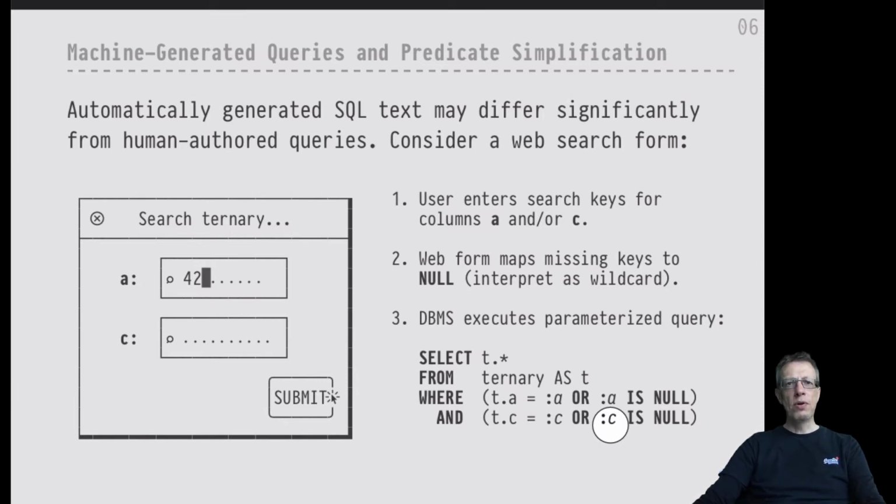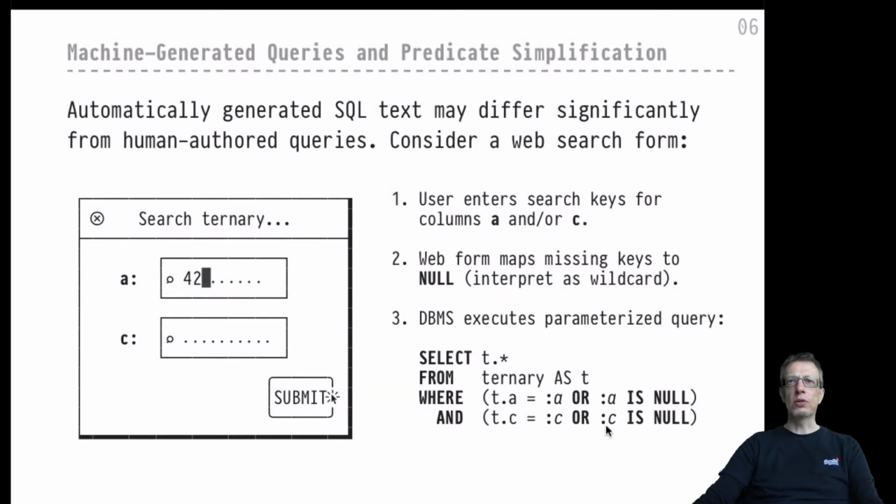To implement the wildcard searching logic, this would be the query that is being constructed. A row would qualify if the A value has been specified and it's indeed equal to the A value of the current row. But it's also okay if the A value is null, so it has not been specified. In this case, any A value is fine.